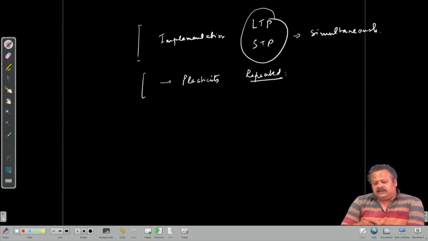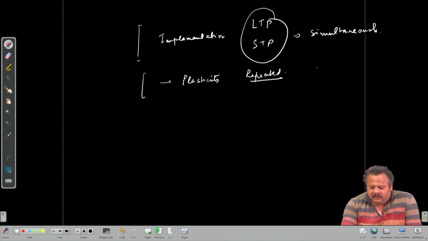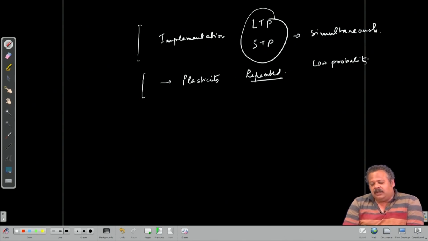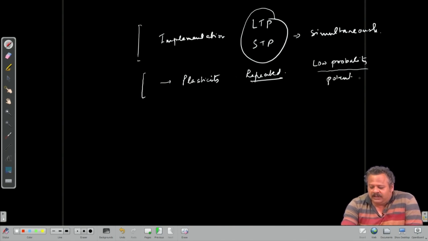That association is the longer lasting one, that is the one that gets potentiated. However, counterintuitively here we actually have something that is low probability, that is occurring much more rarely or very less frequently.